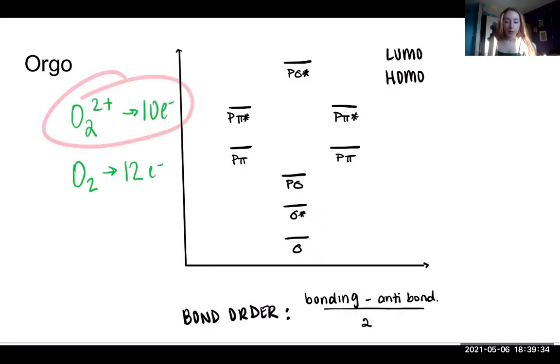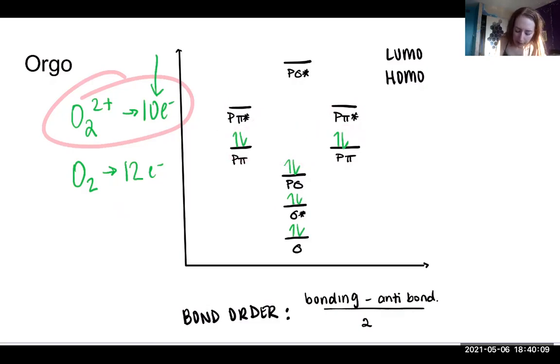Yes, so bonding is simply all of the orbitals here that are not starred. Anti-bonding are the orbitals that are starred. That's simply it. So I have 10 electrons that I need to fill up here. Okay, so I'm going to go ahead and do that. So far I've hit 6, 7, 8, 9, 10. One thing I notice is these are not alone.